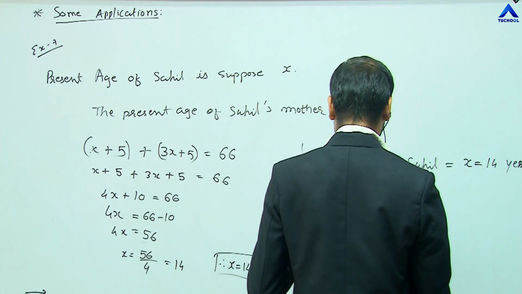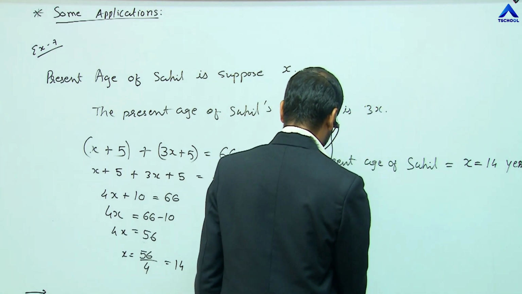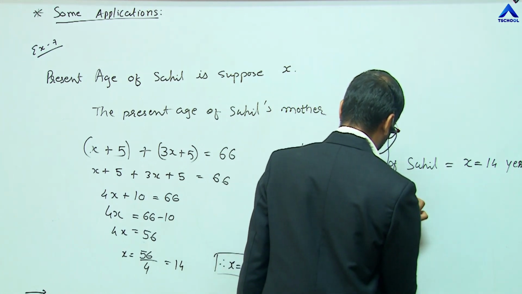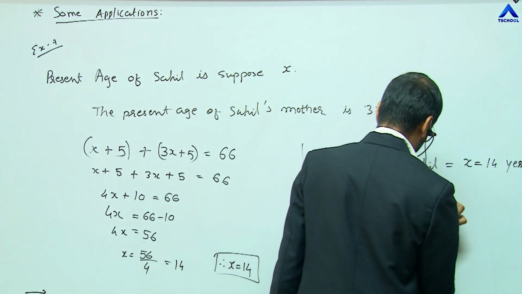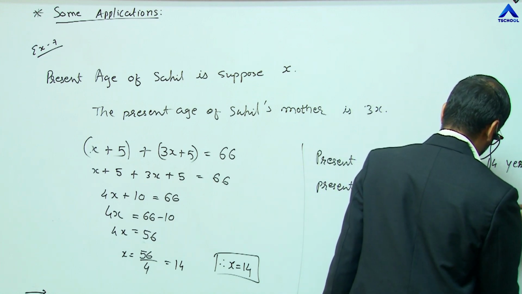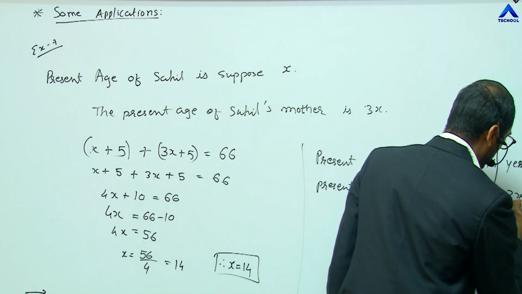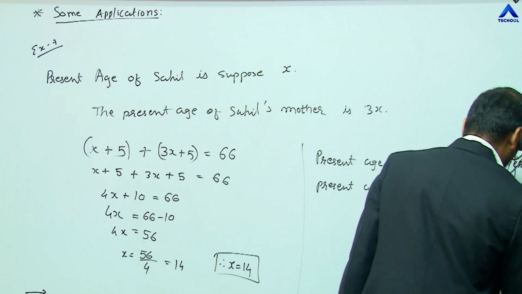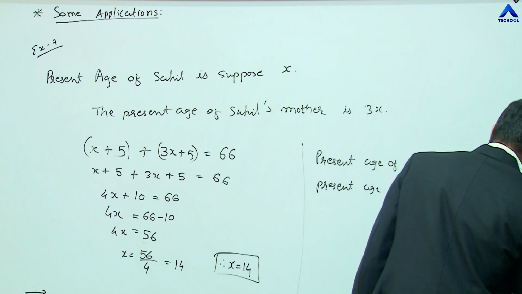And the present age of Sahil's mother equals 3x. So what is 3x? 3 into 14, 42 years.